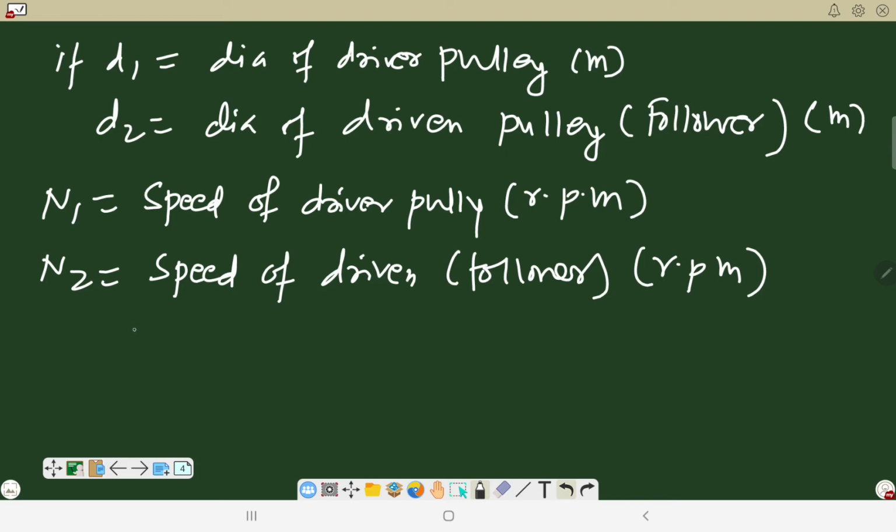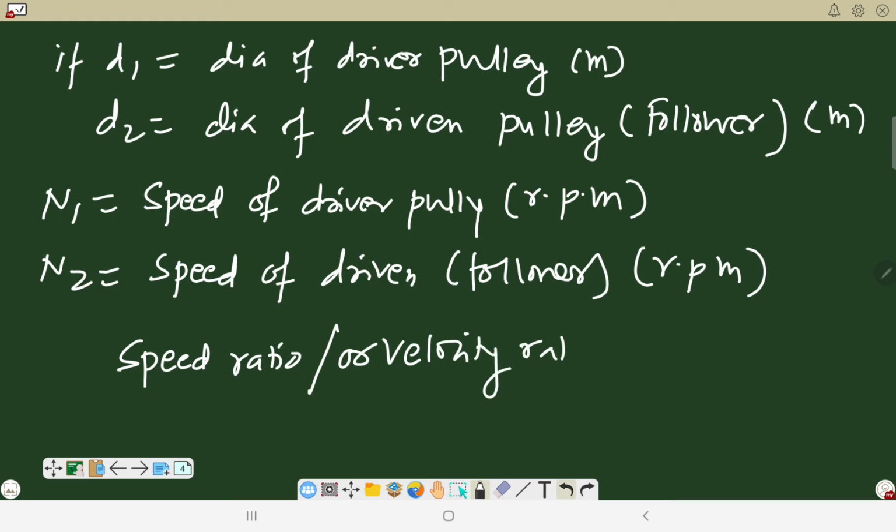Then mathematically, speed ratio or velocity ratio is defined as n2 upon n1, the speed of driven pulley in rpm upon the speed of driver pulley in rpm. This is the formula to calculate velocity ratio of a simple belt drive.